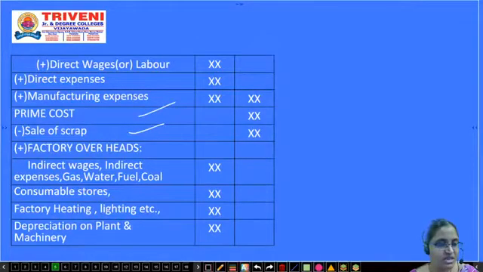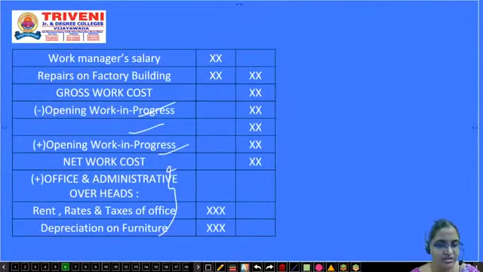Add factory overheads, all factory overheads are added to the prime cost. You get the gross work cost. After the gross work cost, add opening work in progress minus closing work in progress, you get the net work cost.